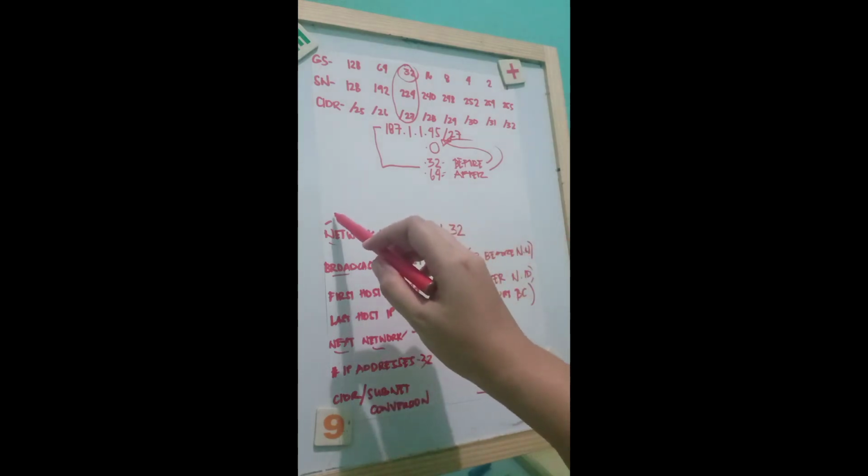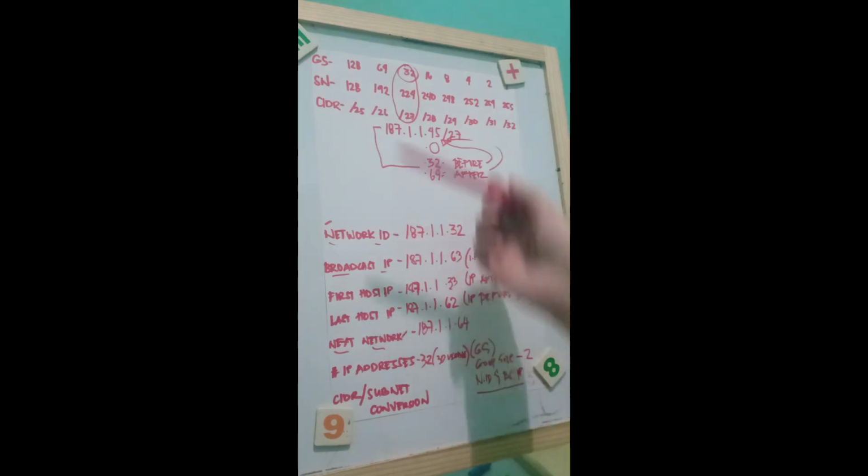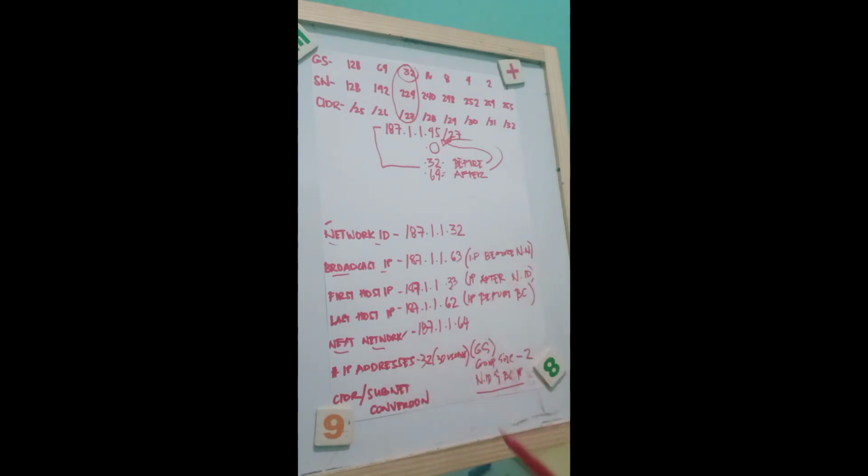We have to subtract these two, so we have 30 usable IP addresses. Remember, the network ID and the broadcast IP do not belong to the number of usable IP addresses. And then for the CIDR subnet conversion, we have here 255.255.255.224. Alright, there you go.